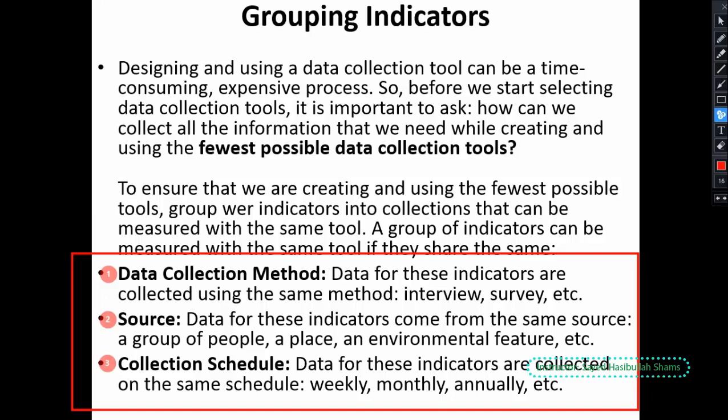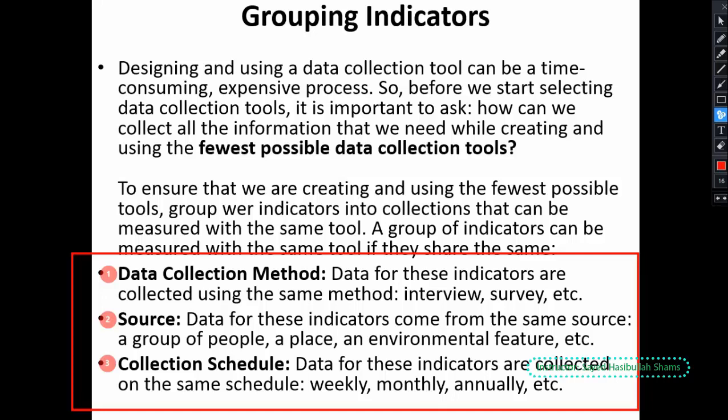So for this purpose, grouping indicators has more benefit. We can check our indicators to see which of them share the same characteristics, and these three characteristics we can apply to the indicators. If they are the same, we can group these indicators.